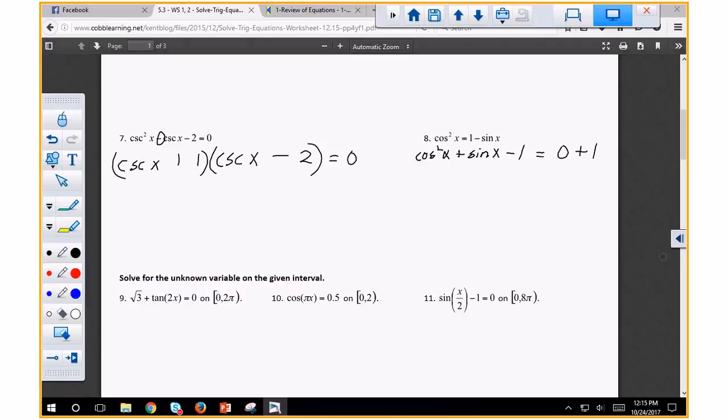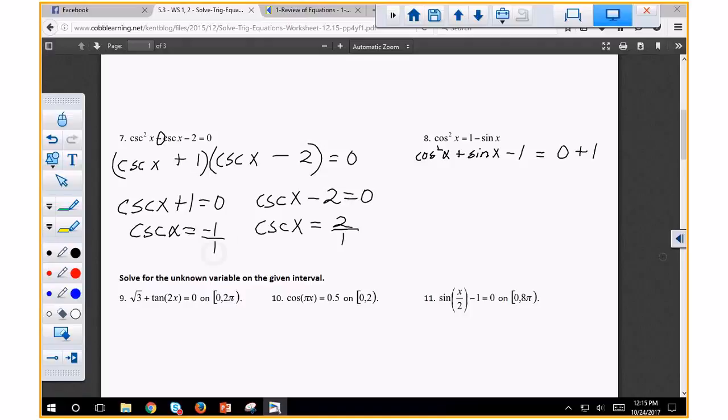This is a negative, which means unlike signs. So cosecant x plus 1 is equal to 0. Cosecant of x minus 2 is equal to 0. Cosecant of x is equal to negative 1. Cosecant of x is equal to positive 2. That's positive 2 over 1. This is negative 1 over 1.